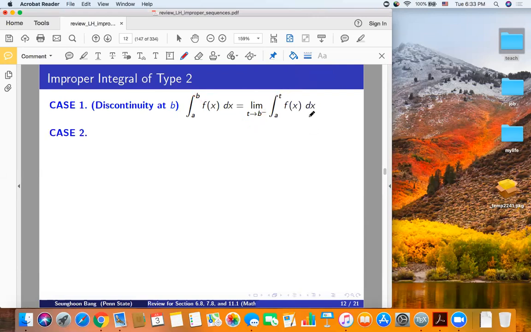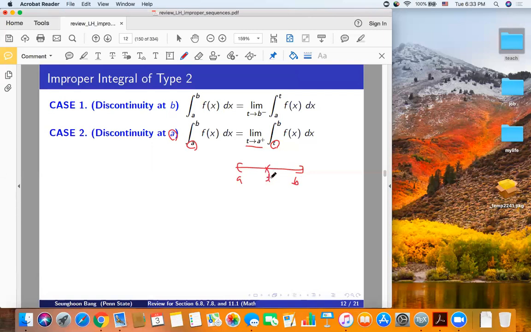Next, second case, discontinuity at A. The improper integral from A to B of f of x dx. In this case, you can replace the discontinuous point by t, with t approaching A from the right. This is A and B. You can choose t, and t approaches the discontinuous point, in this case from the right.